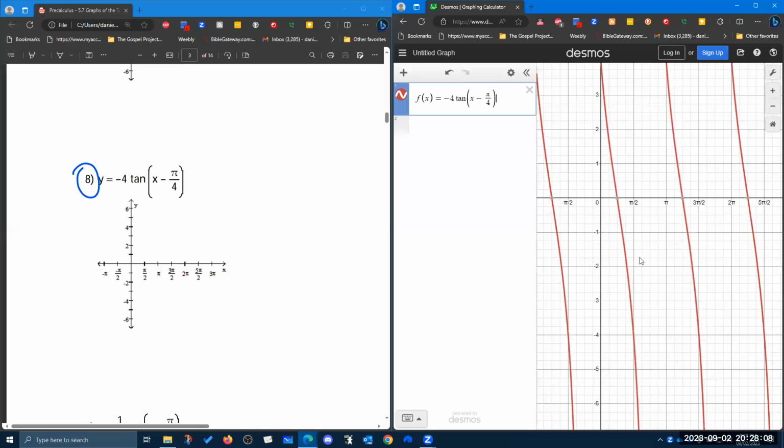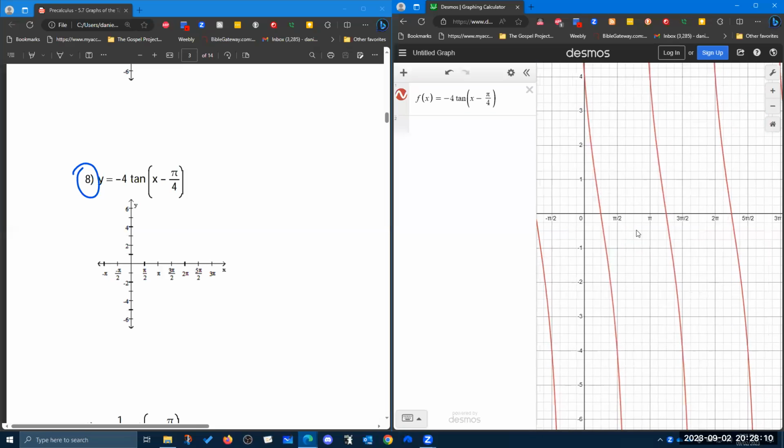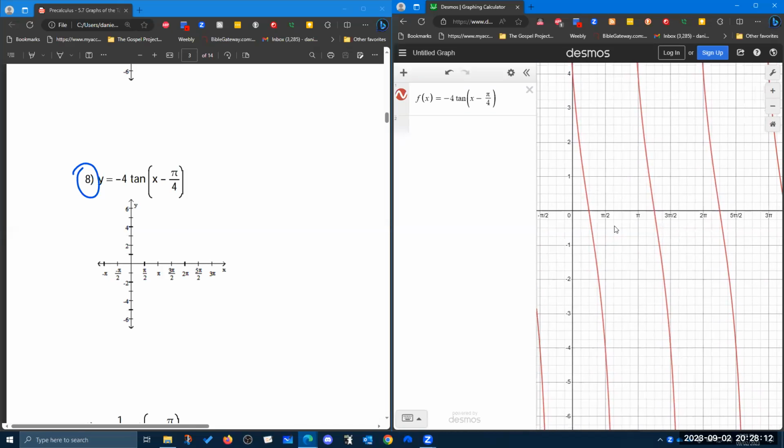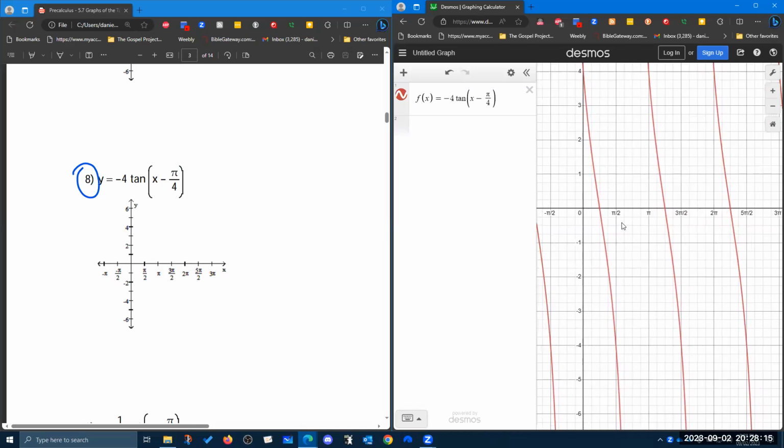I'm sorry, it doesn't happen more often. I was just zoomed out. So here, let's get back in between negative pi over 2 and pi over 2. So its period has not changed because there's not a multiplier in front of the x, but there has been a phase shift. It's out of phase of the original by pi over 4.